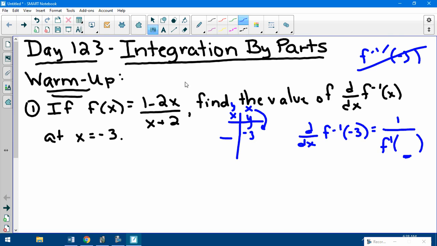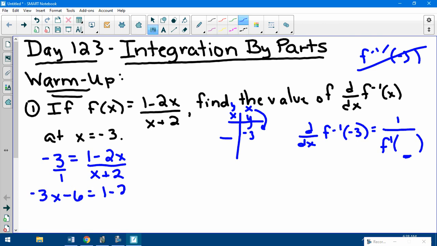So set -3 equal to (1 minus 2x) over (x plus 2). Cross multiply, so -3x minus 6 equals 1 minus 2x. And if I add the 3x over, that would just be x. To subtract the 1 over, we get x equals -5.